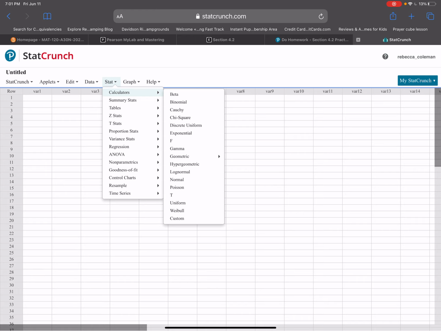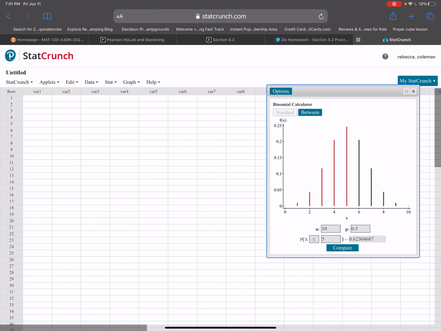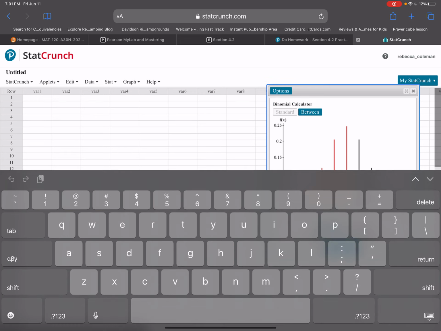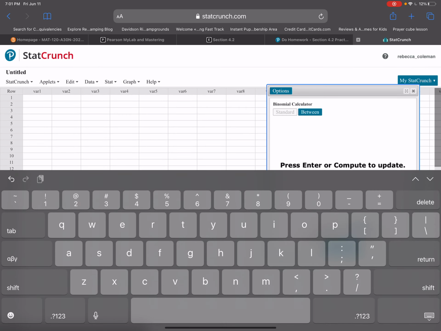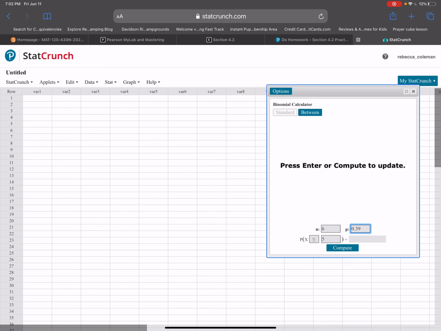You've got a whole list of distributions there. This is the binomial, so go ahead and select that one. Then all you have to do is put in your values of N and P. Remember, we had 6 trials, and P, the probability of success, was 0.39, 39%.